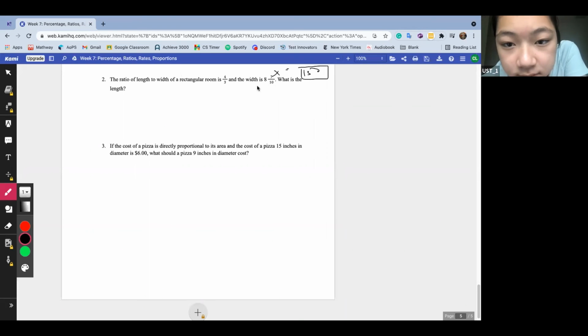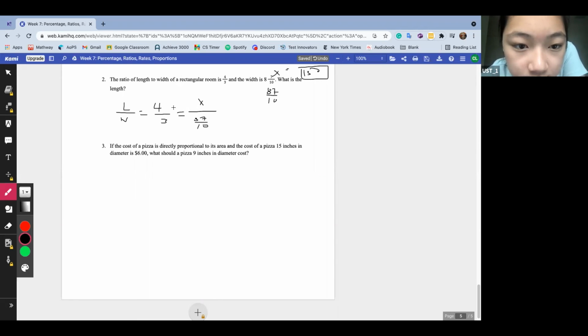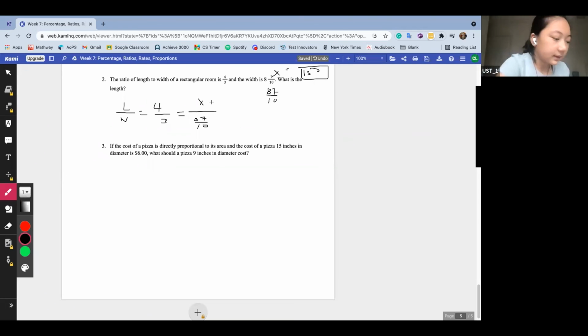So the width here, we can first convert into an improper fraction. So the length over width, the ratio is 4 over 3 equals x, the length, over 87 over 10. Cross multiplying, you'll get 87 times 4 over 10. Let me calculate this.